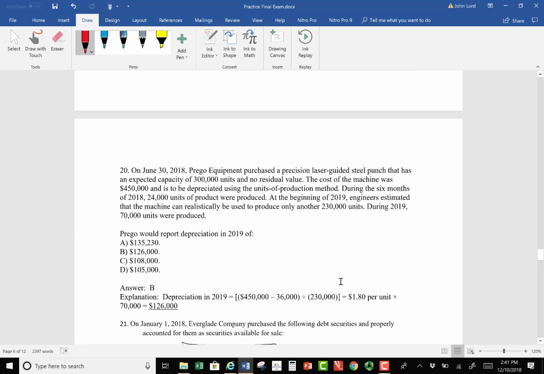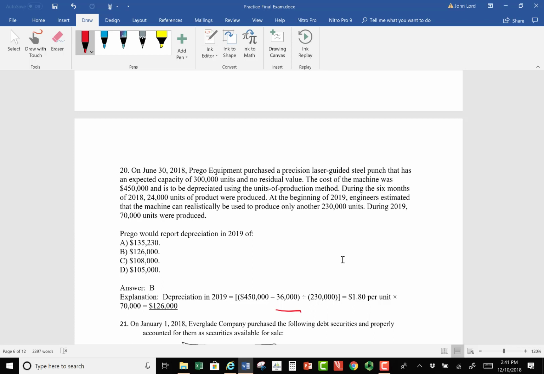So what should be the depreciation during, okay, here it is. During what? During 2019. Now, what's this 36,000 all about? Oh, I see. Okay, yeah. The first year's depreciation is off, right? So we have a remaining depletable amount.